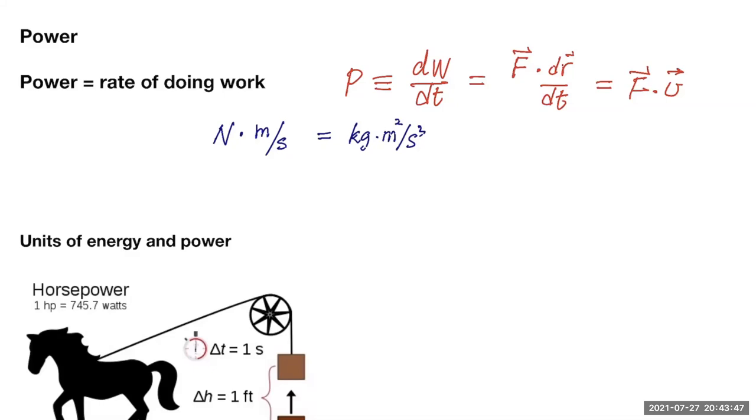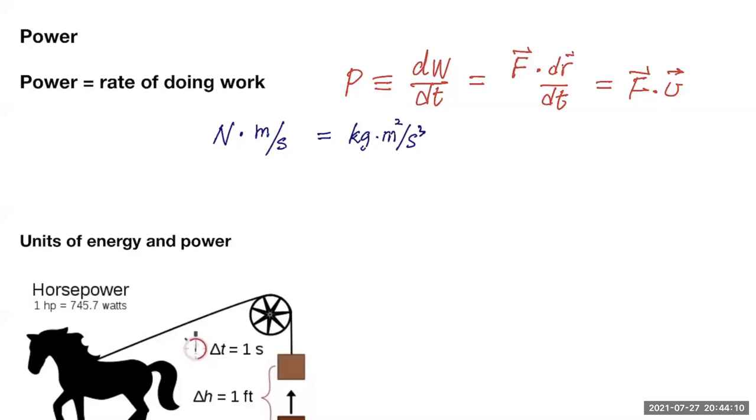But you know that's cumbersome, right? You don't want to, every time you see power, write down kilogram meter squared over second to the power 3. So how do we simplify that? Well, we have already seen how we accomplish that. That is by defining the unit after a physicist. We don't use kilograms meters squared over second to the power 3.